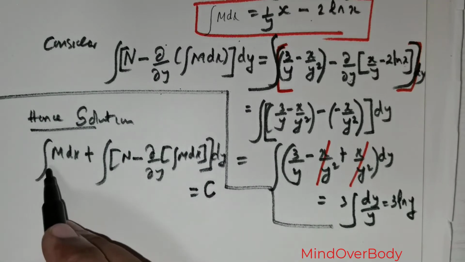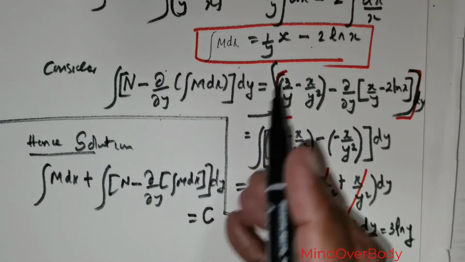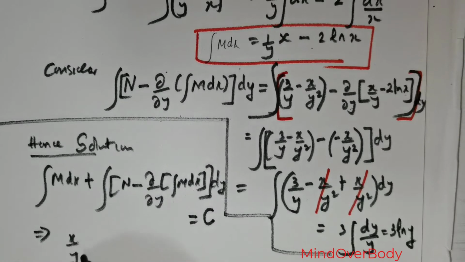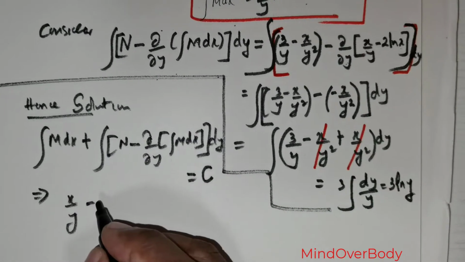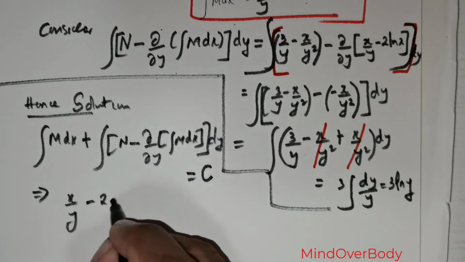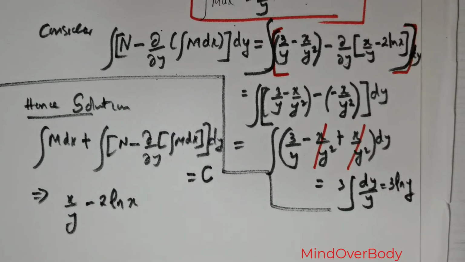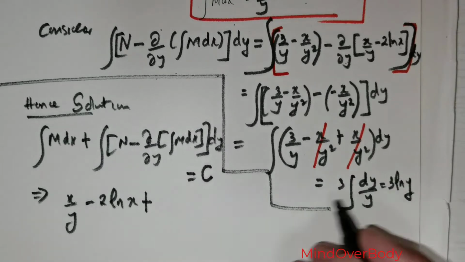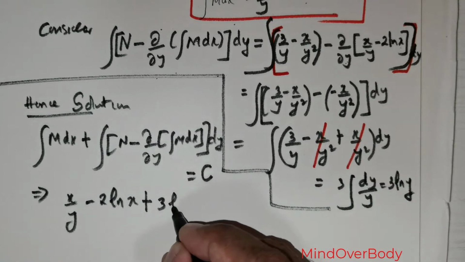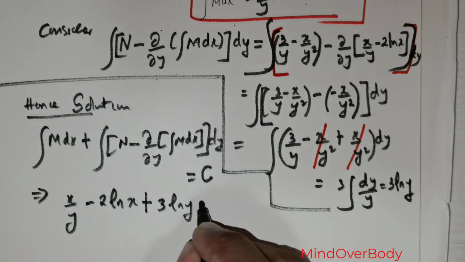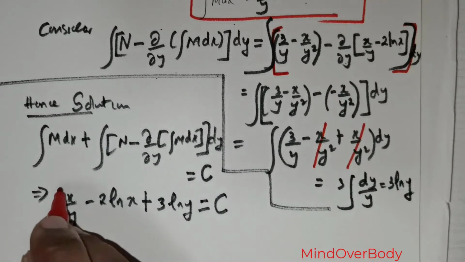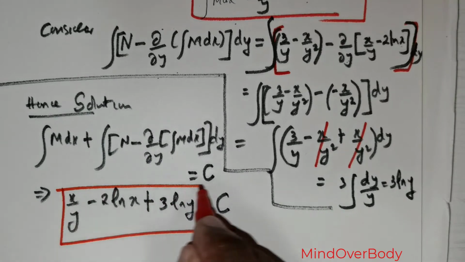Now this one, the integral of m dx, is this quantity, x over y negative 2 times ln x, followed by a positive sign and 3 times ln y is equal to constant c. So this is our final solution.